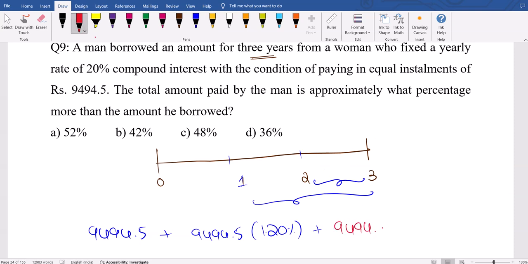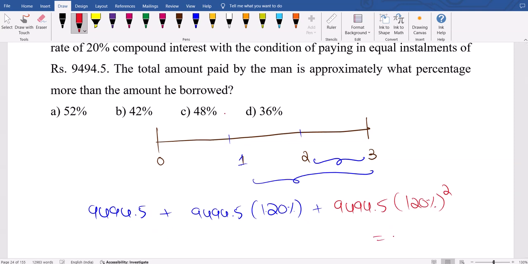Whereas 9,494.5 into 120% whole square is there with them for 2 years. This should be equal to the original amount into 120% whole cube. They don't compromise. The amount you borrowed is P. Whatever the EMI concept might be, finally your amount is given this, 20% for 1 year, 3 years means whole cube.